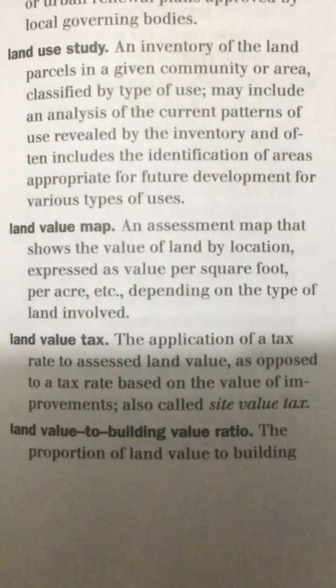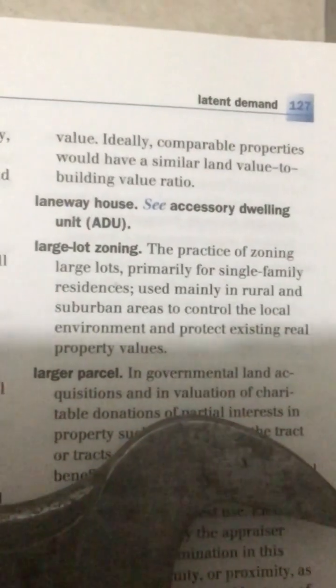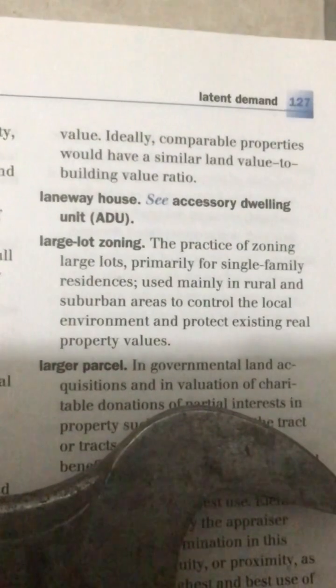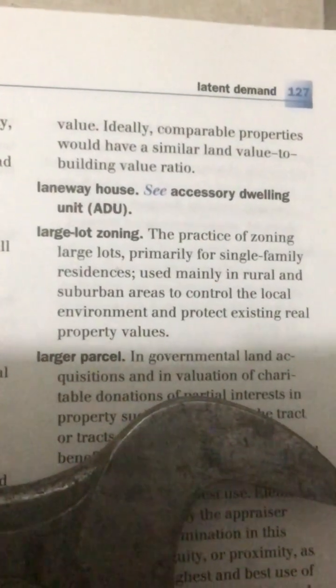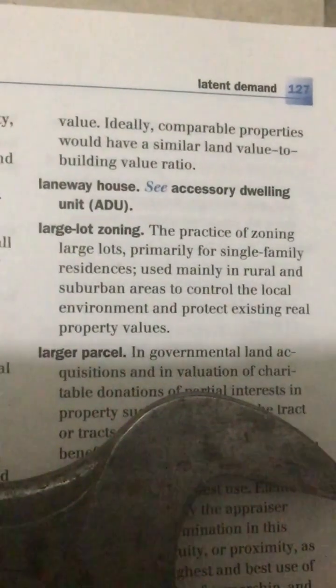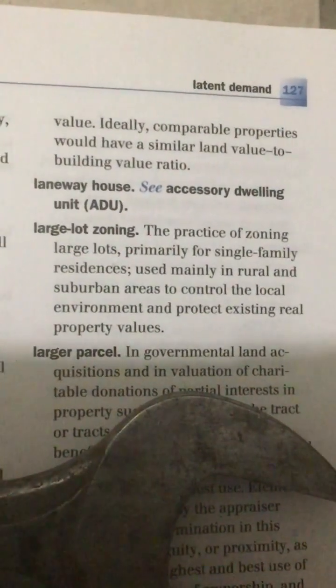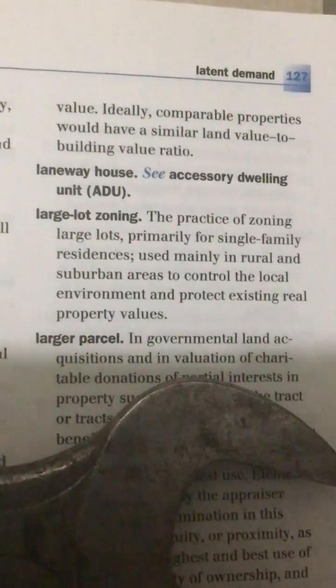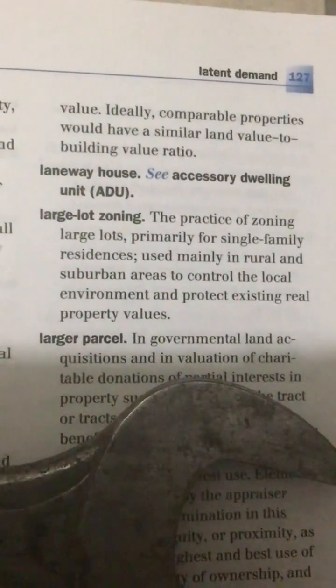The proportion of land value to building value. Ideally, comparable properties would have a similar land value to building value ratio. Laneway house. See accessory dwelling unit. The acronym is ADU.